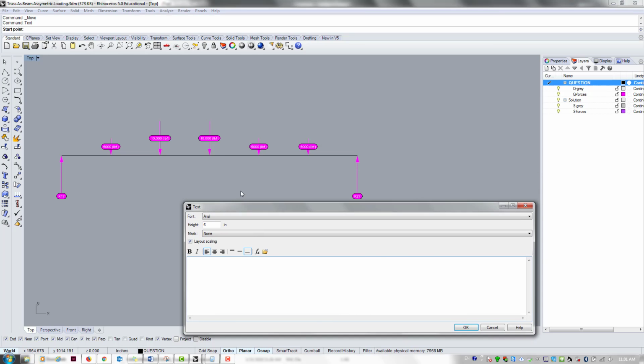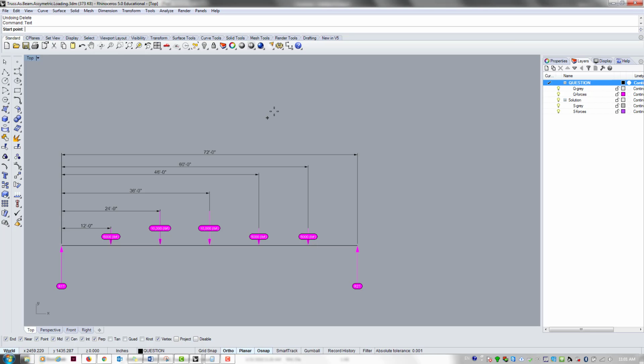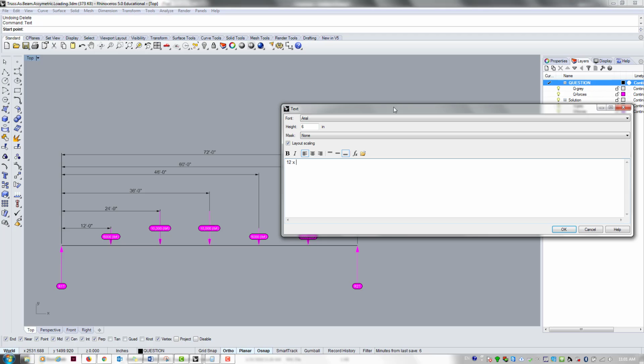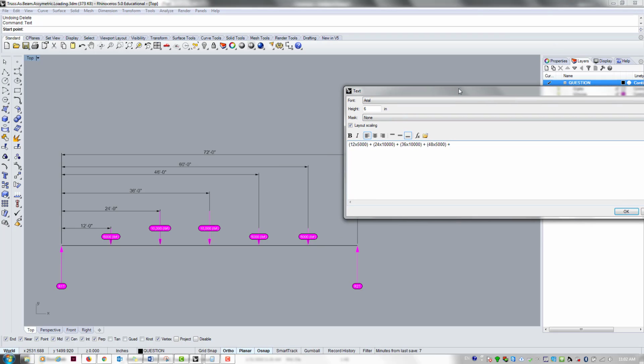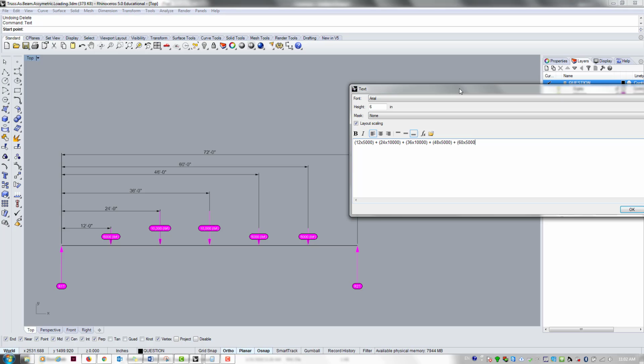So I lost the distance, right? That's great. So yeah, I have the distance, so you can calculate by doing 12 times 5,000 plus 24 times 10,000 plus 36 times 10,000 plus 48 times 5,000 plus 60 times 5,000 equals R2 times 72.